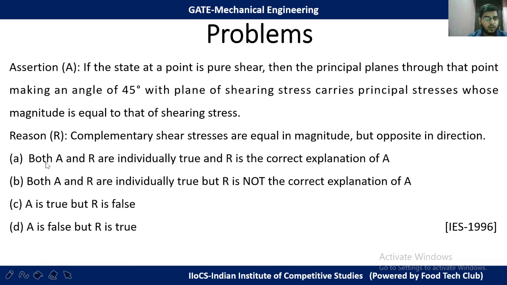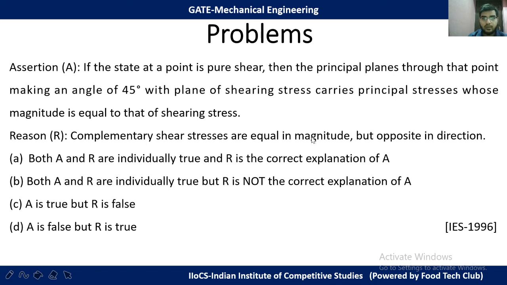But what are the options? Both A and R are individually true, and R is the correct explanation of A. So both are true, but if we consider reason R as the correct reason for A, there is no logic here. R is saying that complementary stresses are equal, which will be equal for all problems, but for the particular problem given in A, this is not the correct reason. Complementary shear stresses are equal in magnitude for all cases, not for any particular case.